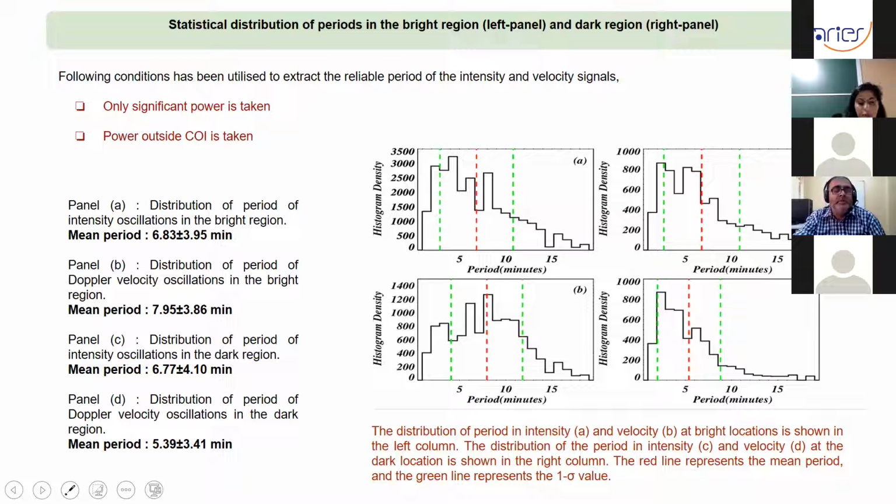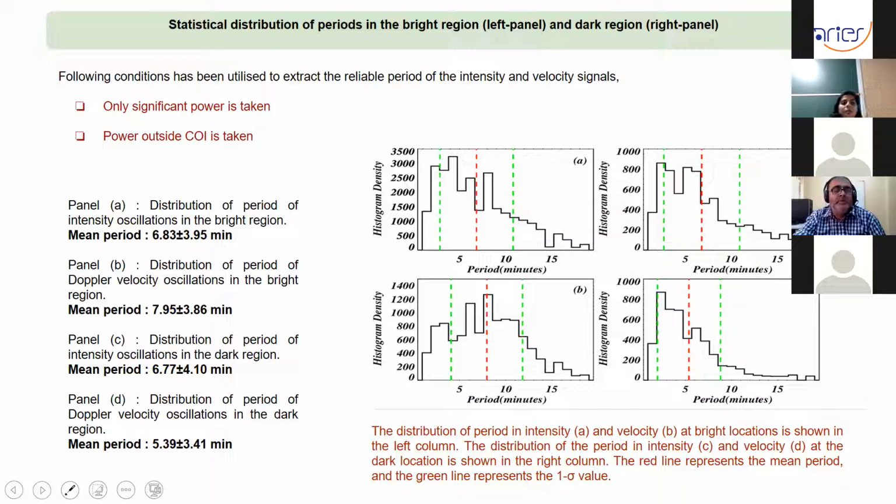Panel B is the distribution of period of velocity in a bright region, and panels C and D correspond to the dark region. After that, we have computed the mean period, and what we have found is that in both regions, bright and dark, the mean period in velocity and the mean period in intensity are consistent with each other within 1 sigma value.